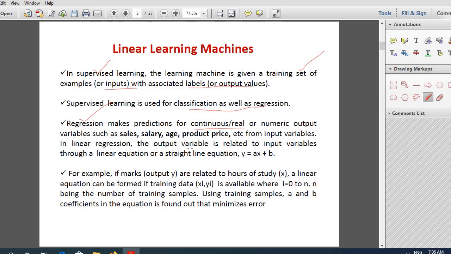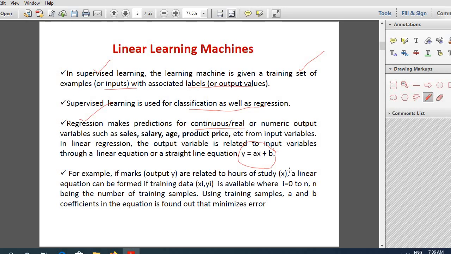Suppose we have a set of input data and output data. From that, you make an equation in this form: output variable y is equal to ax plus b, where x is the input variable. y can be any dimensional vector, x can also be any dimensional vector, and a, b are some unknown coefficients.